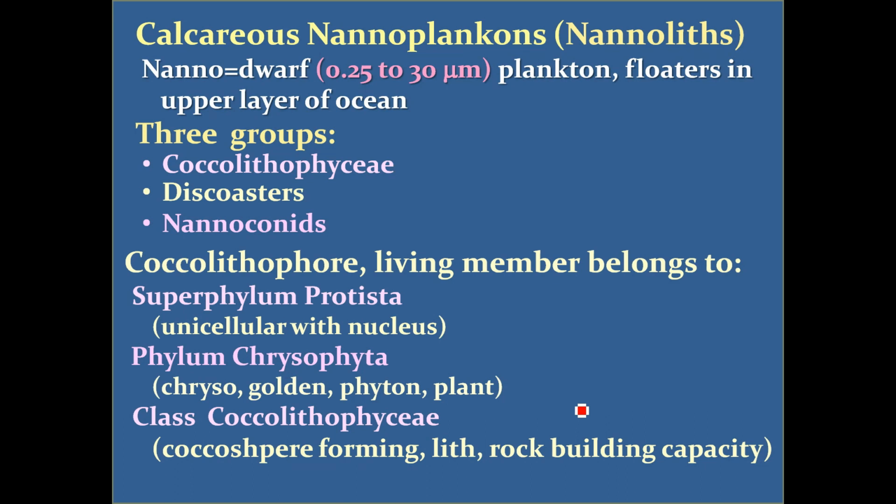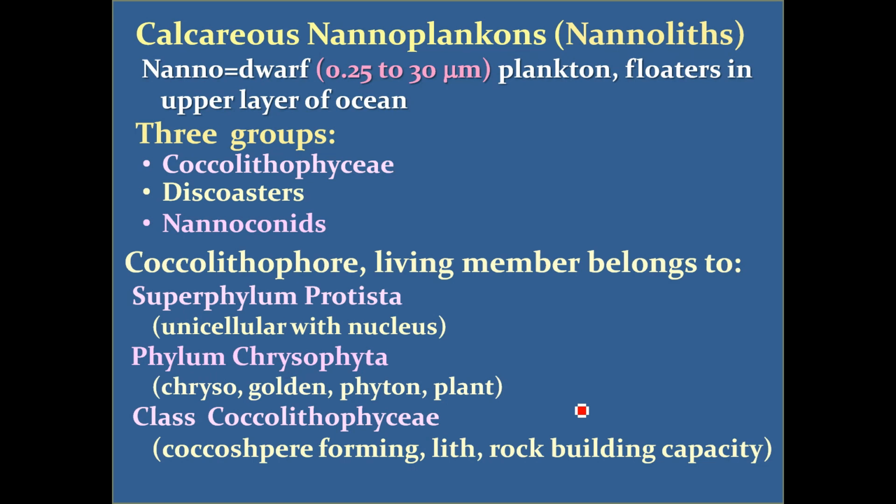Coccolithophore is the living member that belongs to superphylum Protista, that includes unicellular organisms with nucleus, phylum Chrysophyta, because they have golden brown color pigment of chloroplast, and class Coccolithophyceae, because they can form cocospheres or coccoliths, and because they can build a rock.